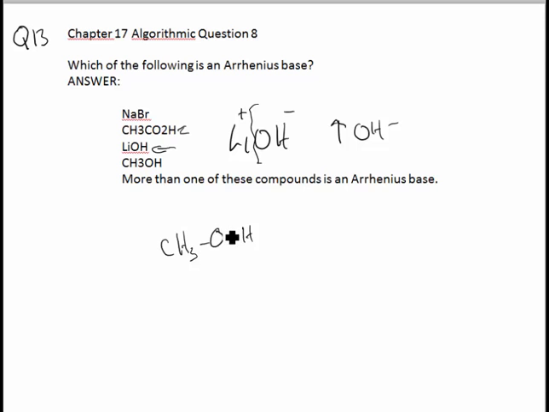But this won't even ionize because we'd have to have another oxygen attached. Then that makes this polar enough for that to happen. Actually, that oxygen would be attached there, not there, and that would then make this polar enough to ionize. But methanol itself will not ionize. It's just a hydrocarbon. So the choice here is lithium hydroxide.